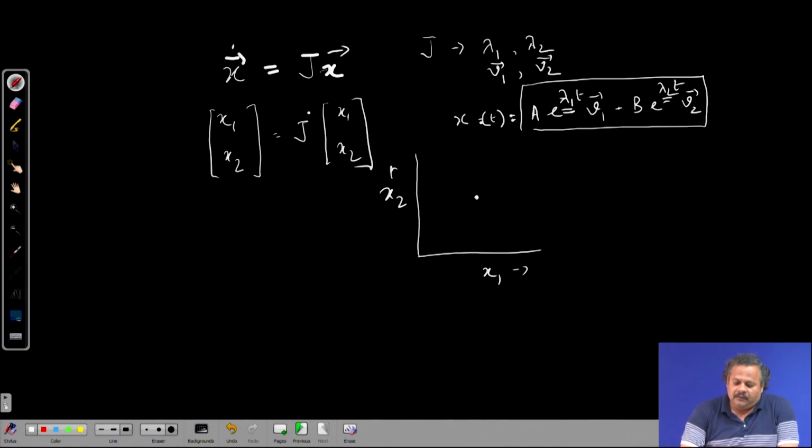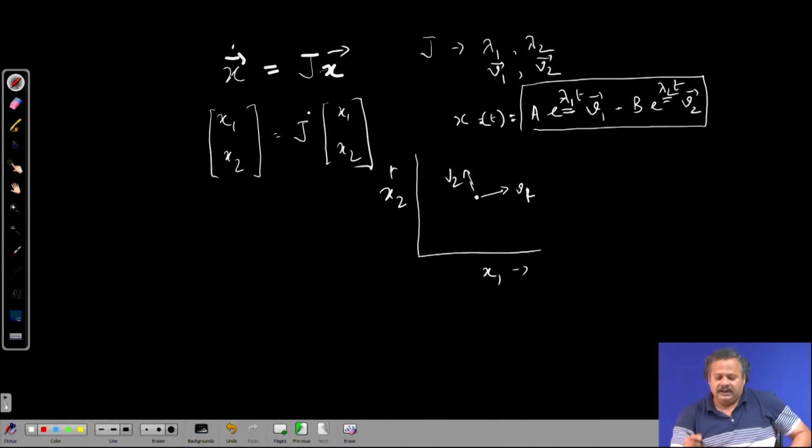because if we have v1, let us say v1 is this direction and v2 is in this direction, what this equation is showing is that very close by the system will move along the eigenvector v1 and will have an exponential trajectory e to the power lambda 1 t, and at the same time it will move along the eigenvector v2 exponentially with e to the power lambda 2 t as the function.